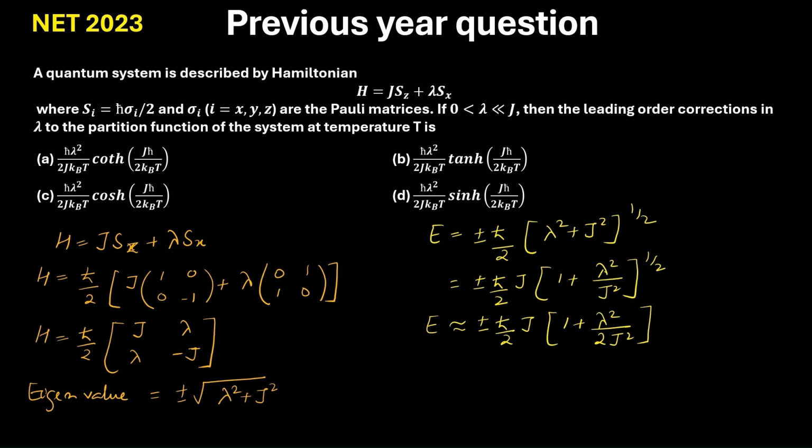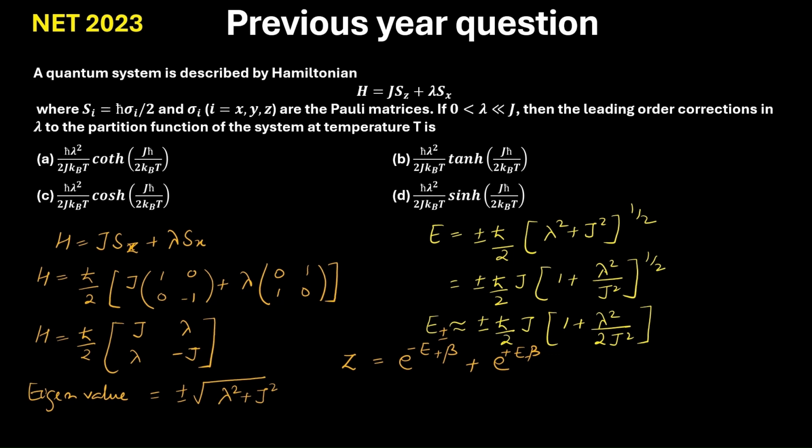Now from this energy, we can calculate the partition function. So Z will be equal to e to the power, so I'll call this one as plus minus E, so e to the power minus E beta and e to the power plus E beta.